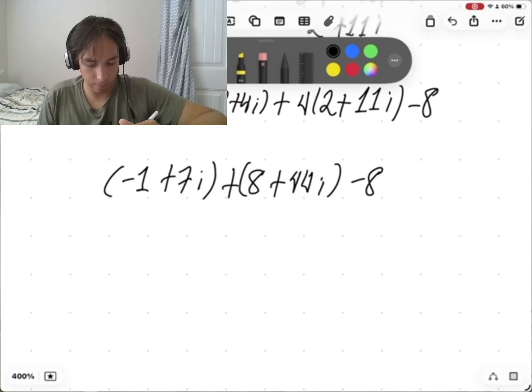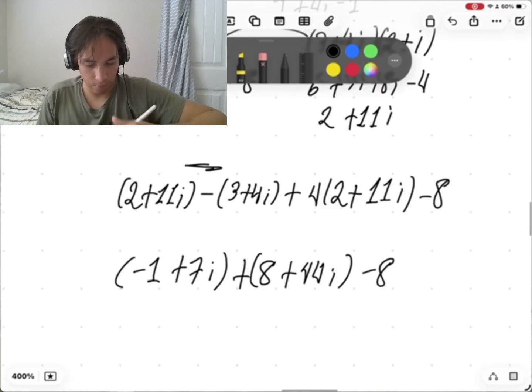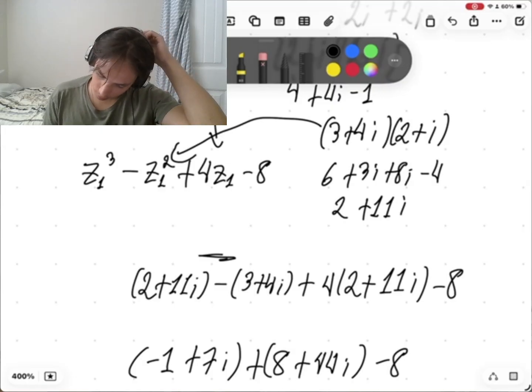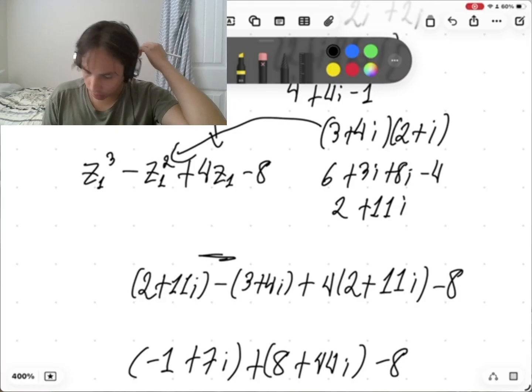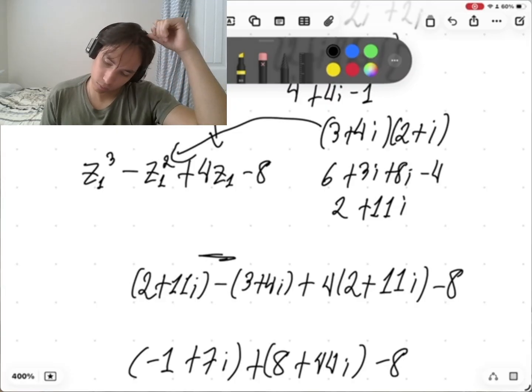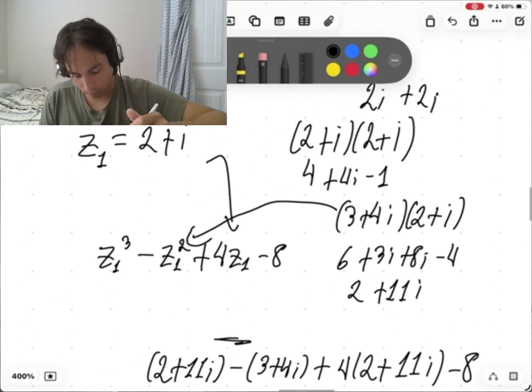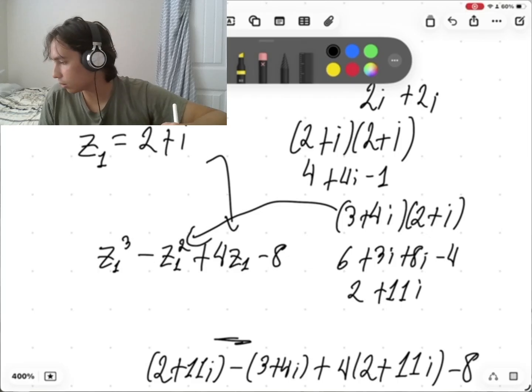I don't know what went wrong. 8, 44, 2 plus 11. 2 plus I, yeah, because that's cubed. Right.